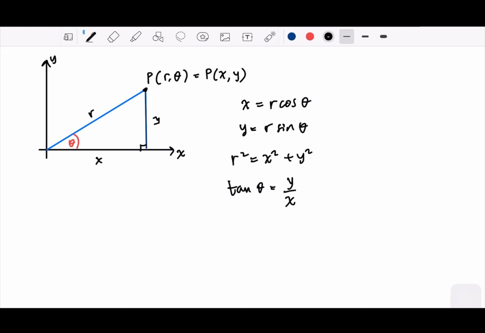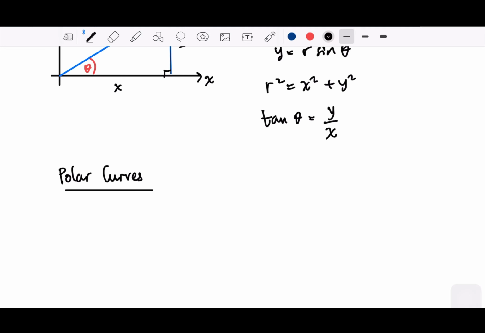Okay, the next one is the polar curves, which means that we are going to take r as a function of theta, or generally r equals f of theta.